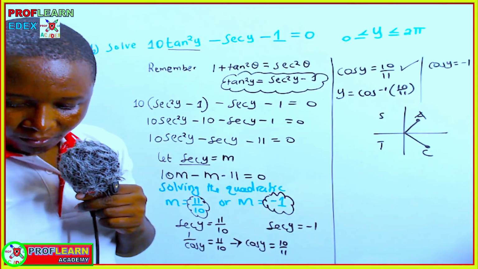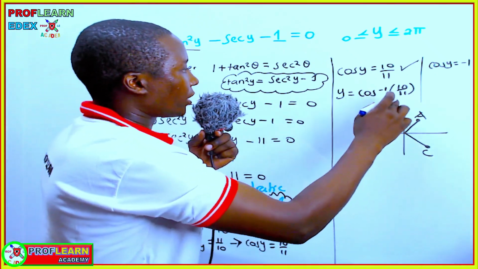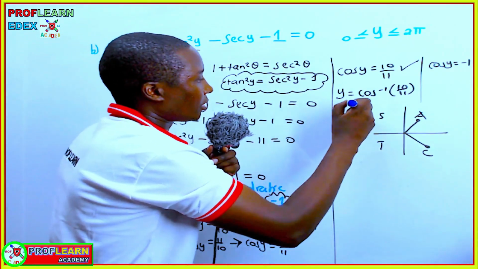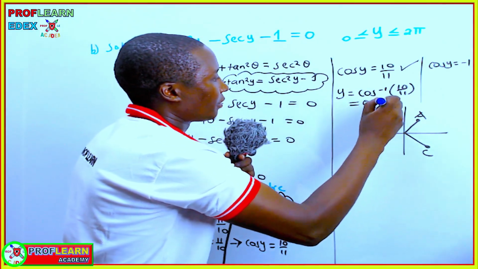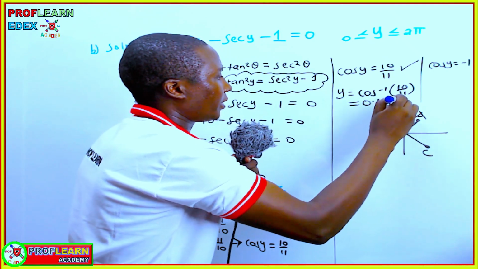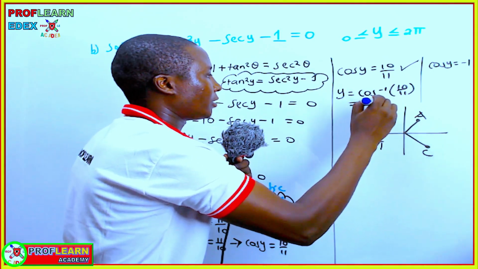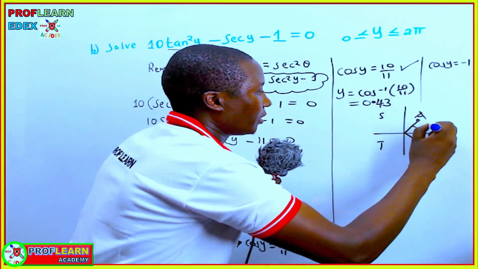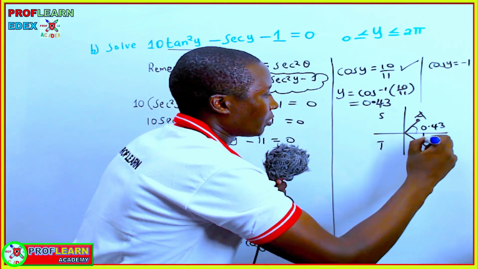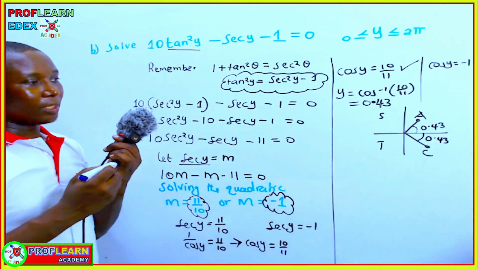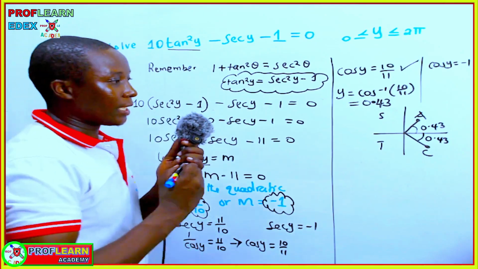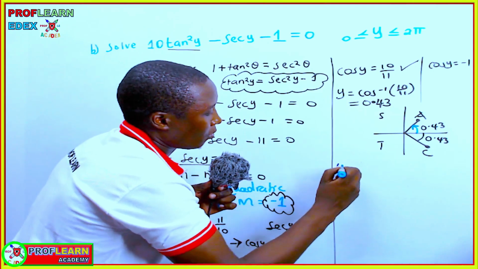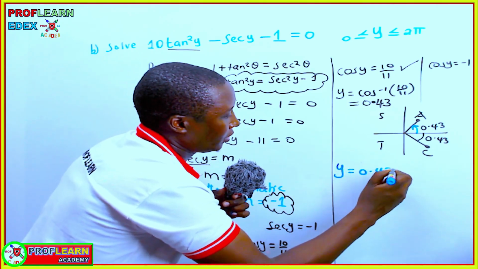If I work out the cos inverse of 10 over 11, I'm getting 0.43 radians. So this angle here is 0.43 and this angle here is 0.43. The first angle that we are going to have here is this angle, so y is going to be 0.43 radians.